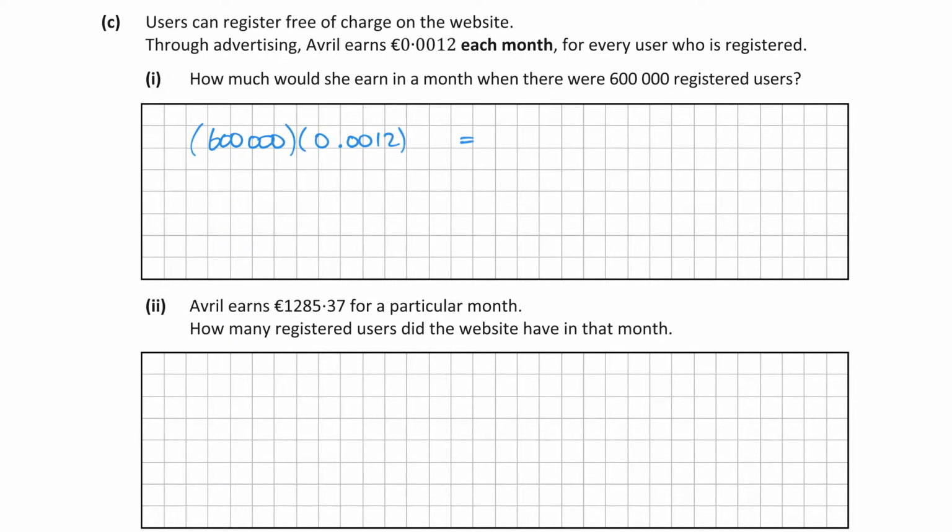And if I do that, I get an answer of 720. So the answer there was 720 euro. And that there was worth 5 marks.